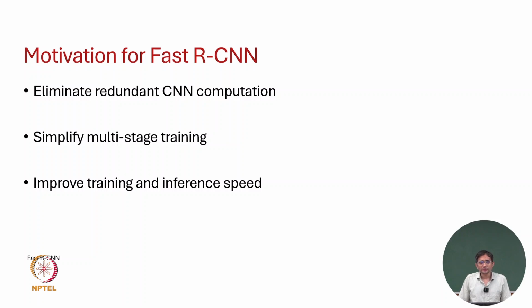The motivation behind fast RCNN lies in the limitations that we had discussed with respect to RCNN itself. Let us briefly recall how RCNN worked like. We said that RCNN is two-stage detection method, where in the first stage we used, let's say, selective search or any other method to generate the region proposals.